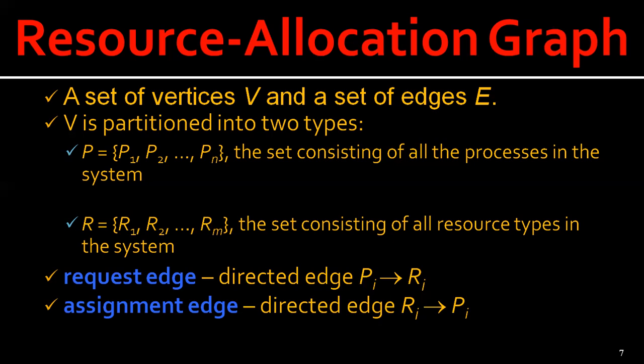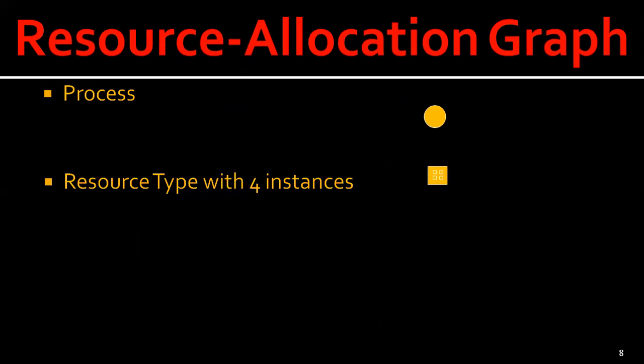Practically, we represent each process as a circle and each resource type Rj as a square. Since the resource type Rj may have more than one instance, we represent each such instance as a small square within that particular square. So here my resource type has 4 instances of type Rj.